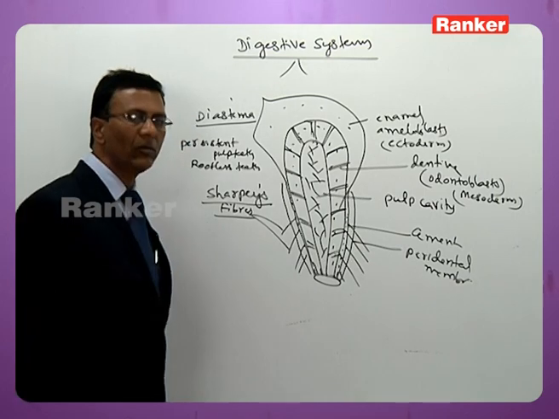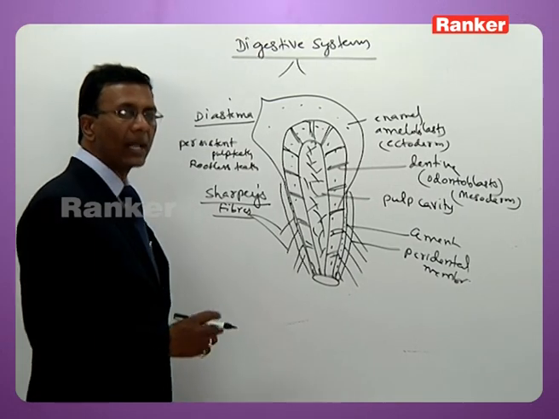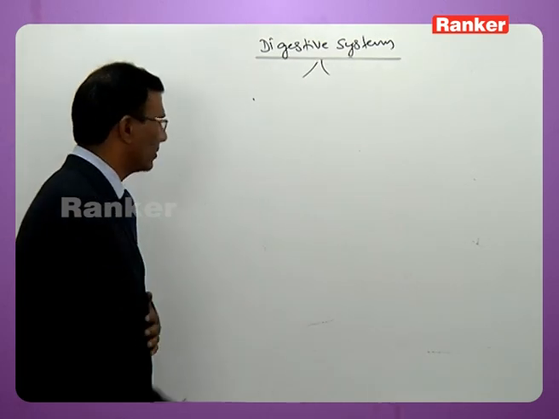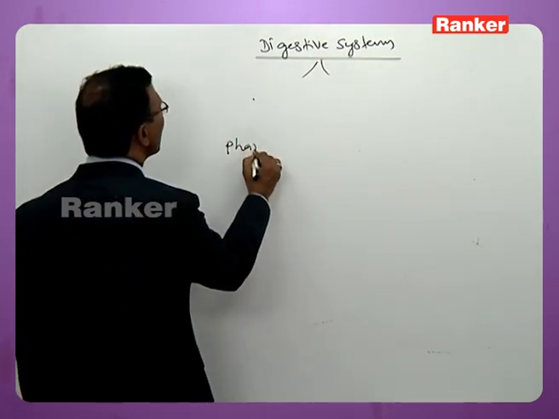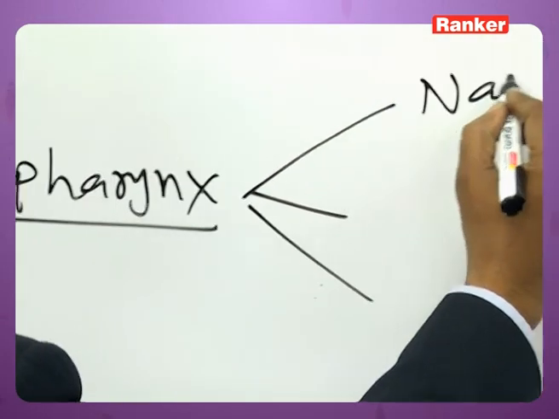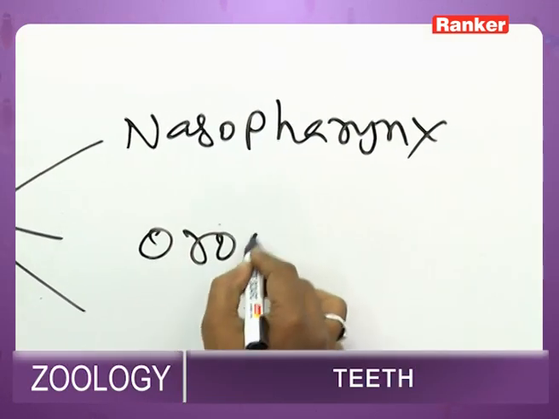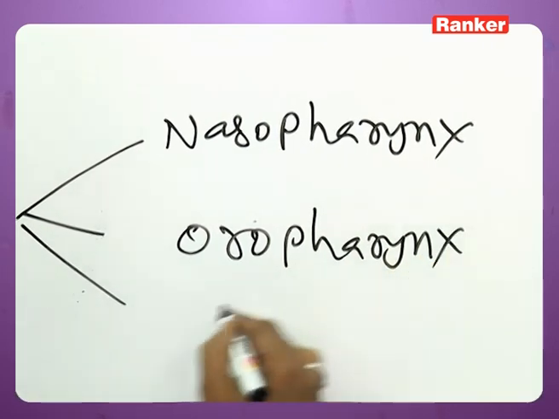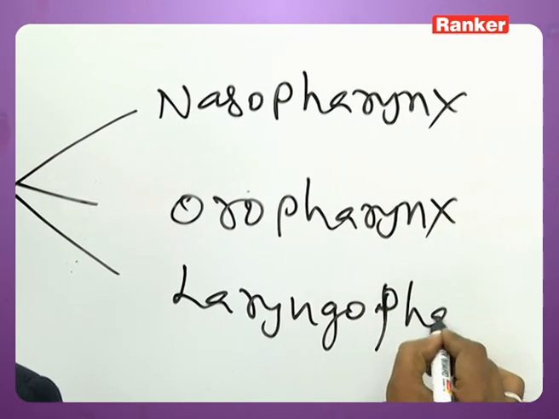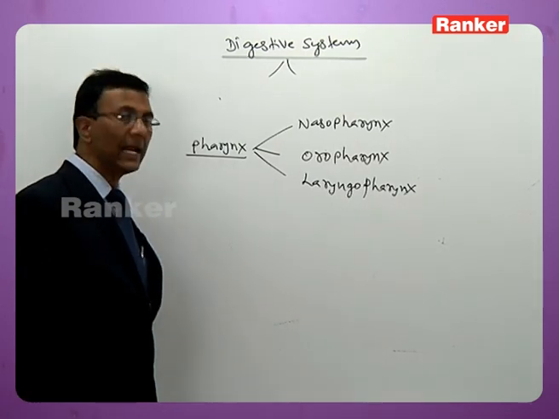Next we'll talk about the parts of the pharynx. The posterior part of the buccal cavity is called pharynx. What are the parts of the pharynx? In the human body, the pharynx is divided into 3 parts: nasopharynx, oropharynx and laryngopharynx.